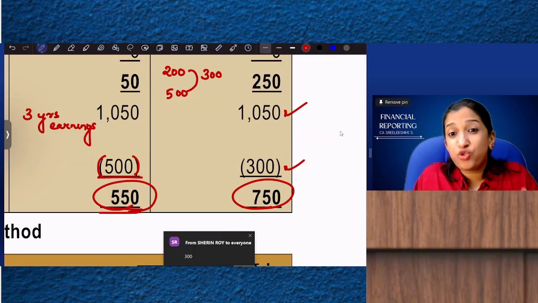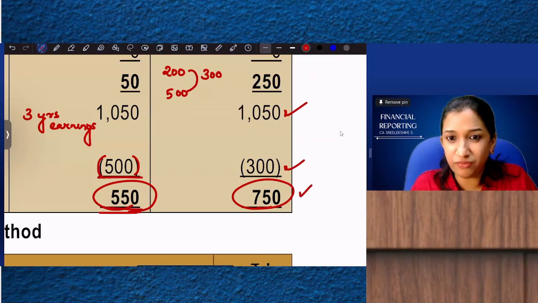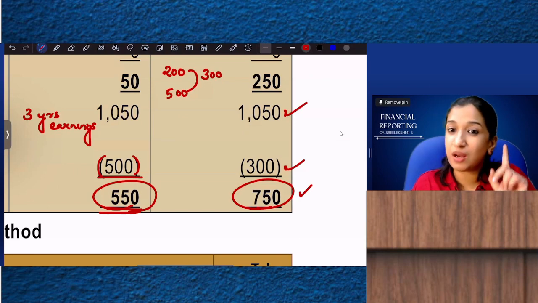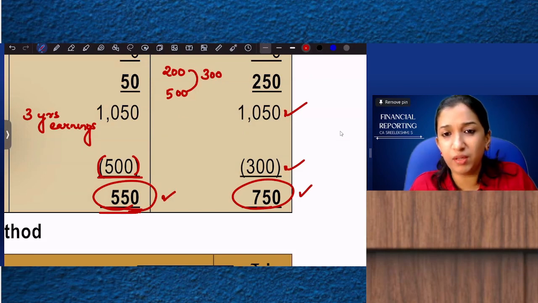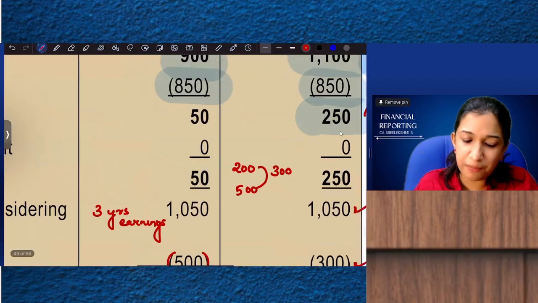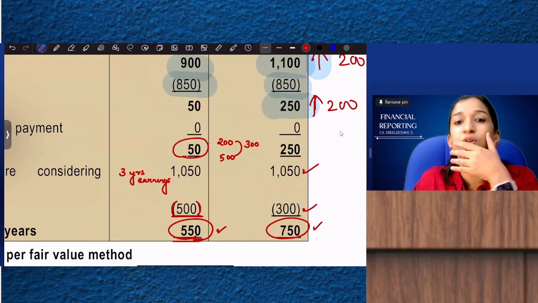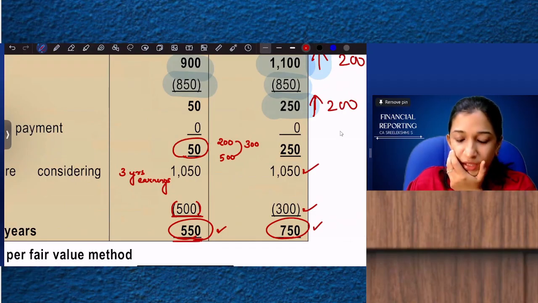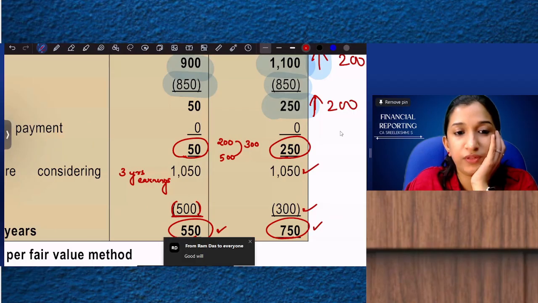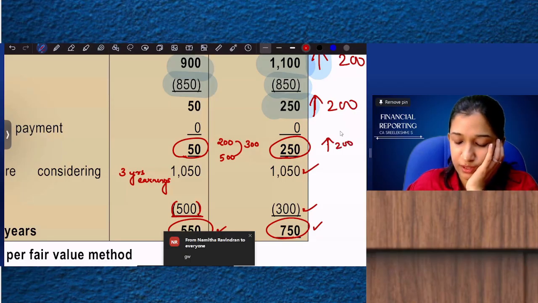So if it is treated as purchase consideration, 750 will be your profits. If it is treated as remuneration, 550 will be your profits. This is the impact in P&L. What is the impact in balance sheet? Treated as remuneration, 50 is goodwill. Treated as contingent consideration, 250 will be goodwill. Here loss is more by 200.